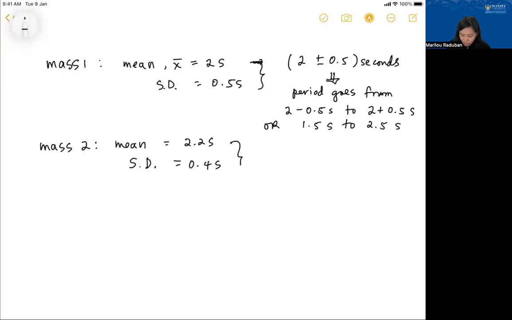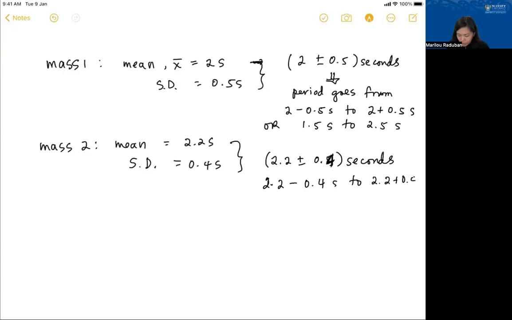Similarly for mass 2, if you write this out, this is 2.2 plus minus 0.4 seconds. That means the period goes from 2.2 minus 0.4 seconds to 2.2 plus 0.4 seconds.